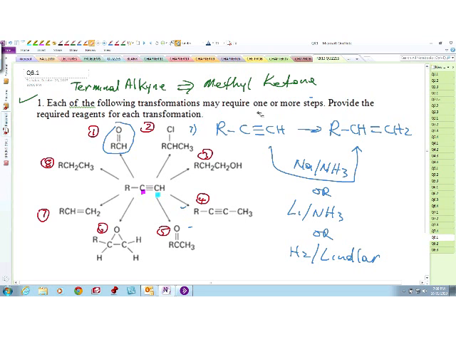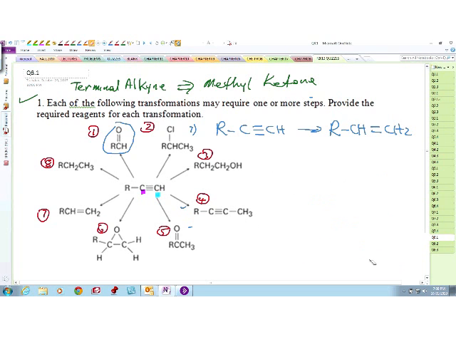That should be easy also. That's just hydrogen. Just your classic hydrogenation, yes. So we're not getting a metal and hydrogen.